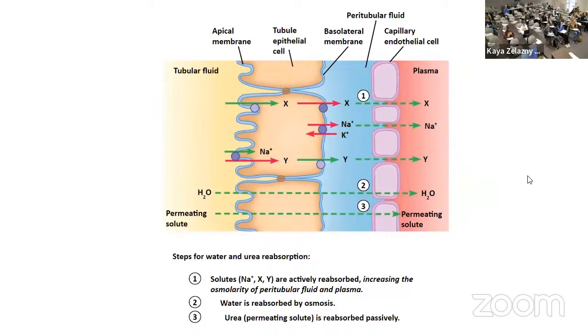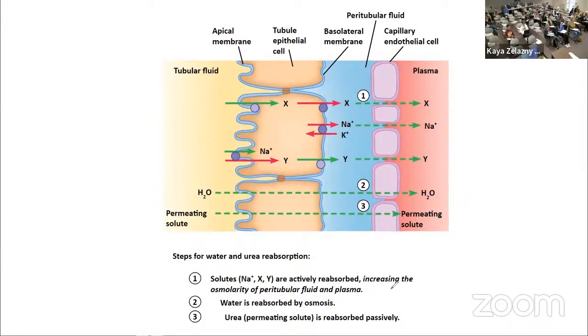So we can see this slowly written out with terms subbing in for these variables. All right, we're reabsorbing solutes actively. We could say in formal terms that this is increasing the osmolarity of the peritubular fluid in the plasma. So that is what I mean in formal terms when I say that we're getting these ions and stuff really concentrated in that space.